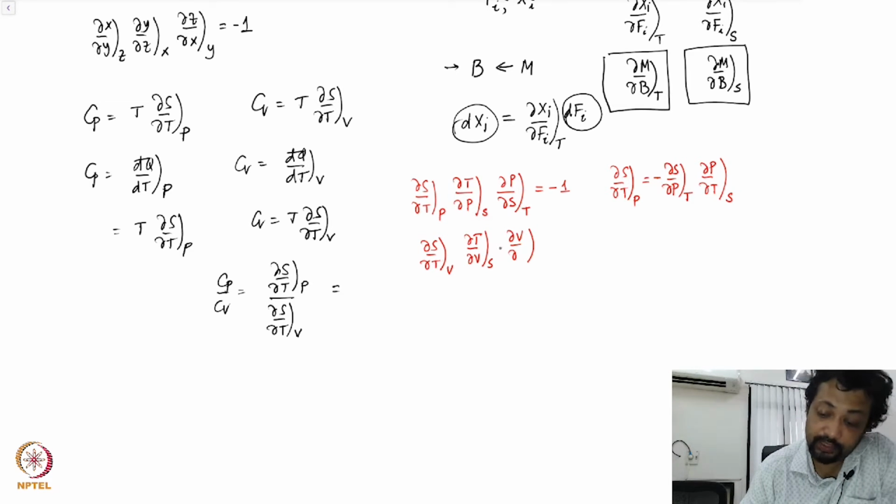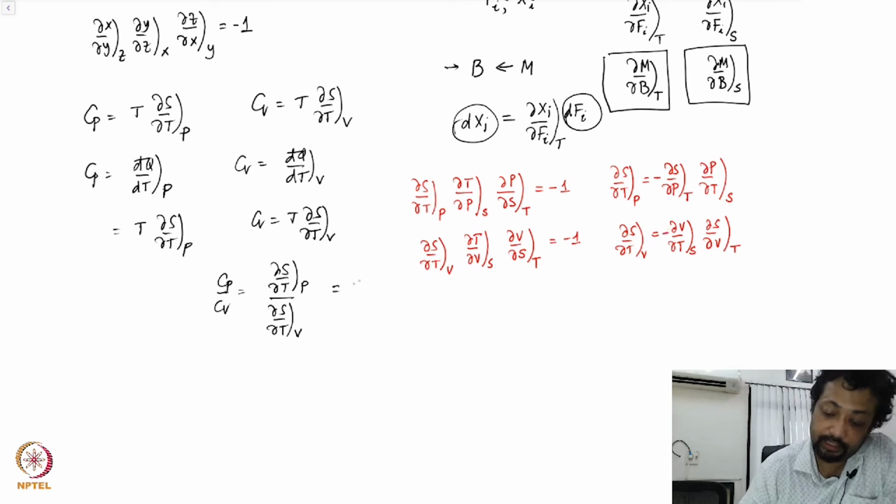T has come twice, V has come twice, and this is equal to -1, which means (∂S/∂T) at constant volume is (∂V/∂T) at constant entropy, (∂S/∂V) at constant temperature, with a minus sign.